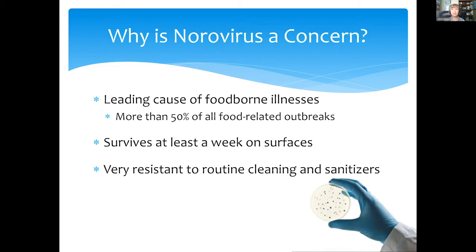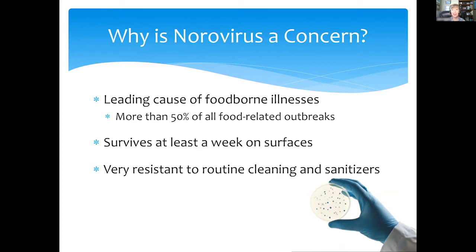I mean, that's a very strong caustic substance, and it doesn't matter what you use as far as quat sanitizer, it will not kill norovirus. So it survives, it's hard to kill, it resists our routine cleaning and sanitizing, and so it's really a tough critter to tame. So why is this really important? You know, our sanitizers don't work.